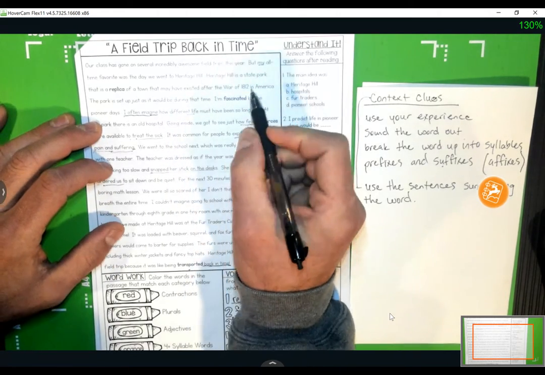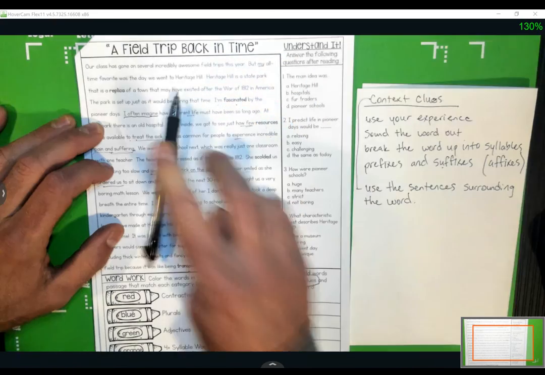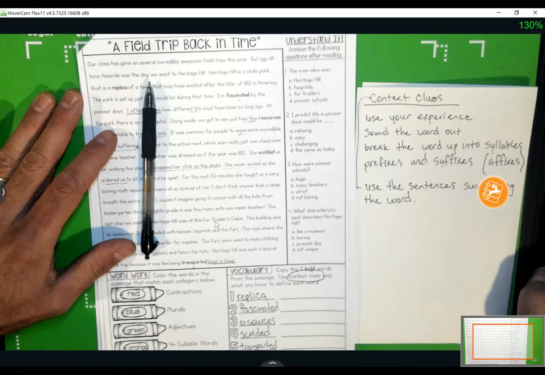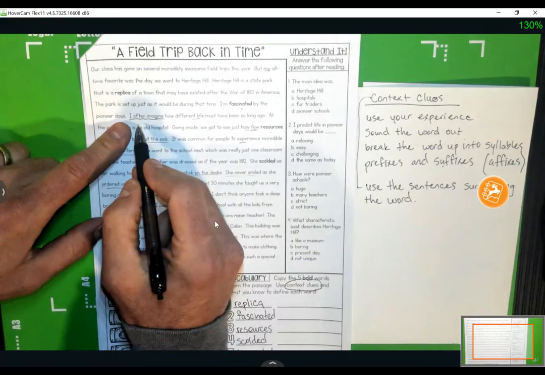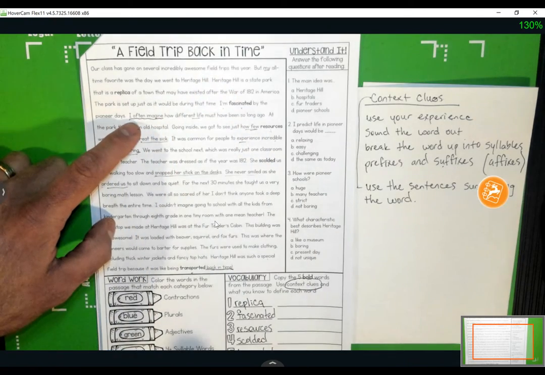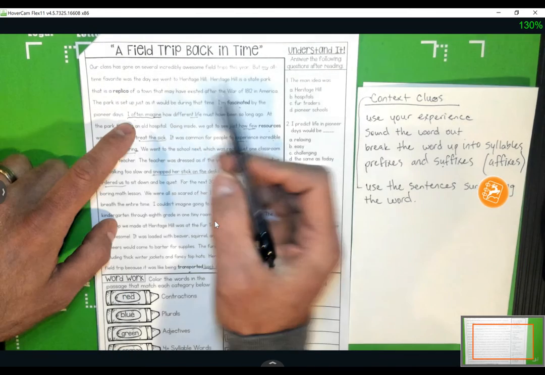I am taking a look here. I have the sentence, "I'm fascinated by the pioneer days. I often imagine how different life must have been so long ago." I often imagine, right?